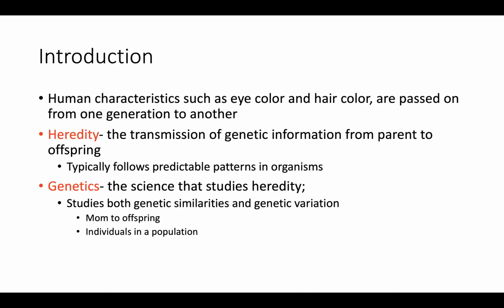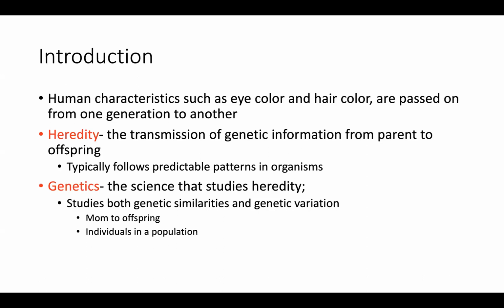And so just as an introduction, it's kind of what the Amoeba Sisters started to talk about at the end of that video, that human characteristics such as our eye color and hair color are traits that are passed on from one generation to the next. So those are factors or characteristics about yourself that you had no control over. Now, obviously, you can change or manipulate them now, but the ones that you're born with, your eye color and hair color and so forth, are due to your genetics, particularly your DNA, right? And so that's something that we want to take a moment and appreciate, right?